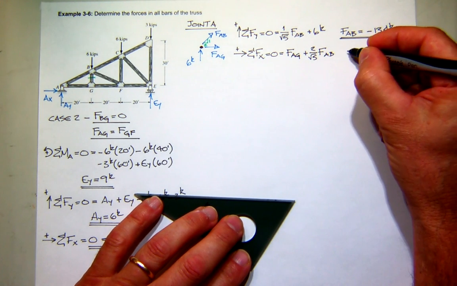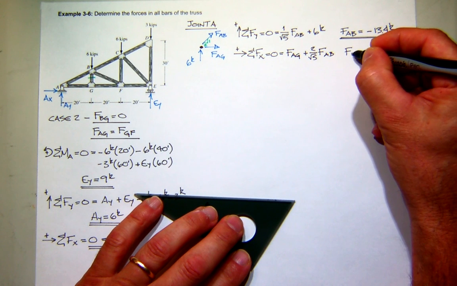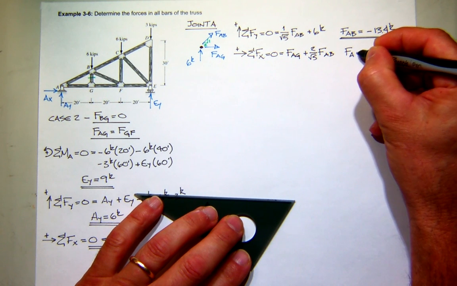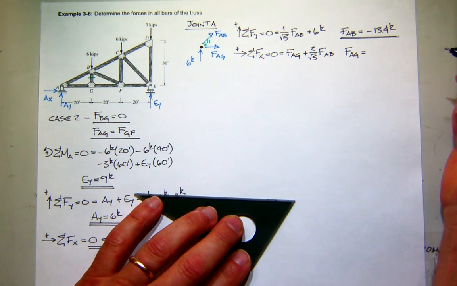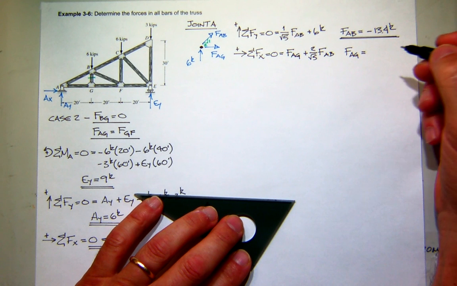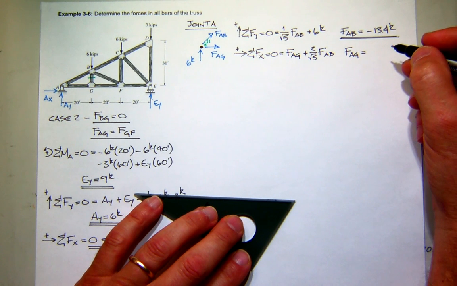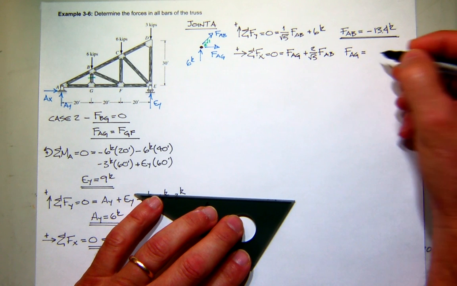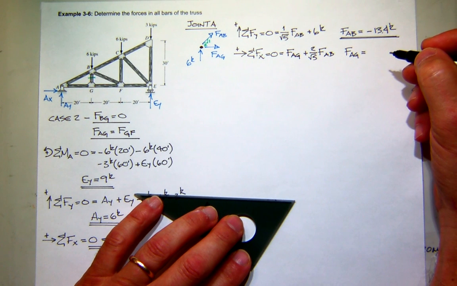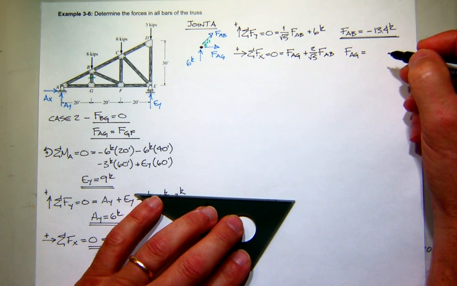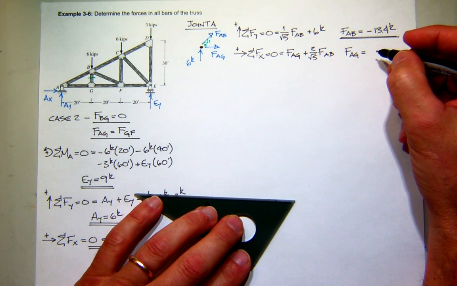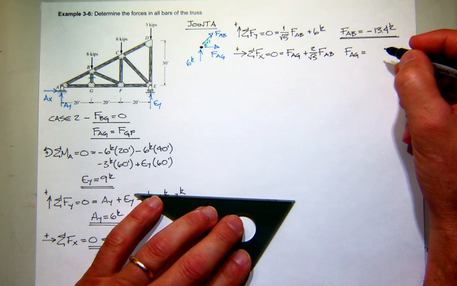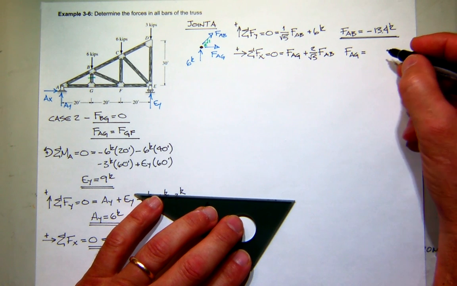So I should be able to solve for the force in AG. Looks like it's going to be 12, and it's going to be positive. You guys get that? 12? Anybody else get 12? Excellent.